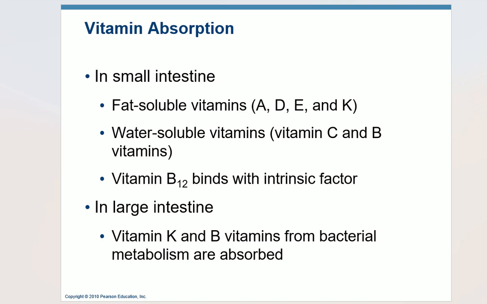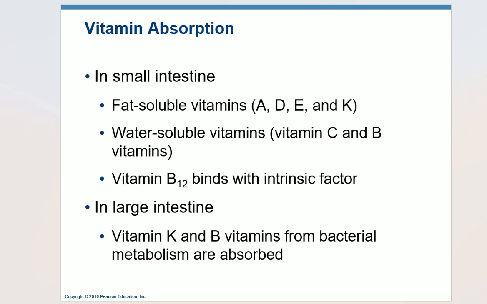In the small intestine, you have fat soluble vitamin A, D, E, and K. Remember that. Fat soluble are A, D, E, and K. You have water soluble C and B vitamins also in your small intestine, but the fat soluble are A, D, E, K. Water soluble are B and C.